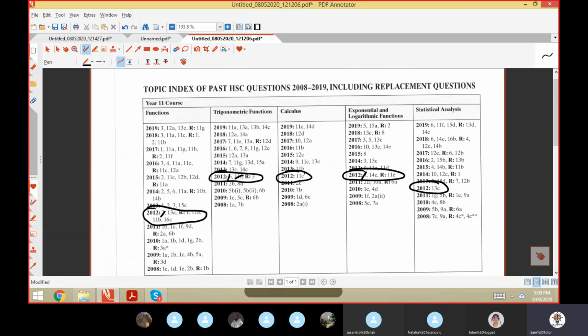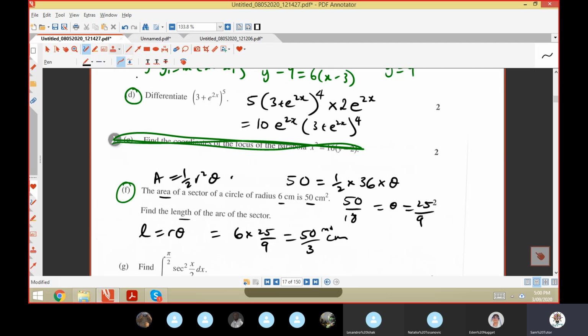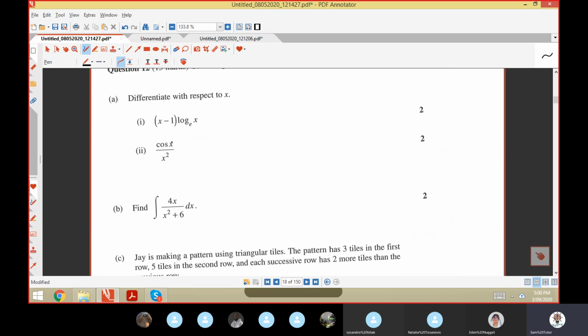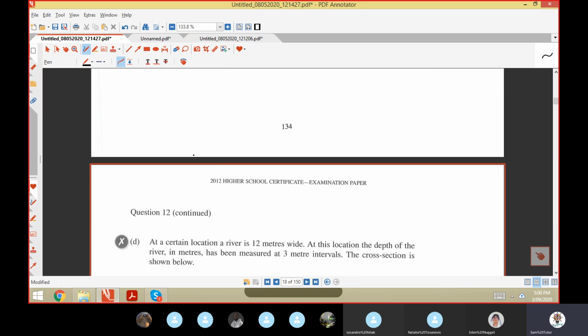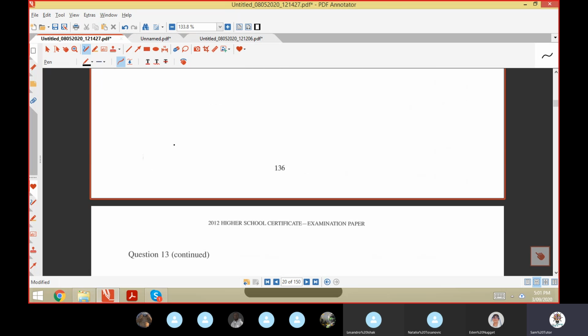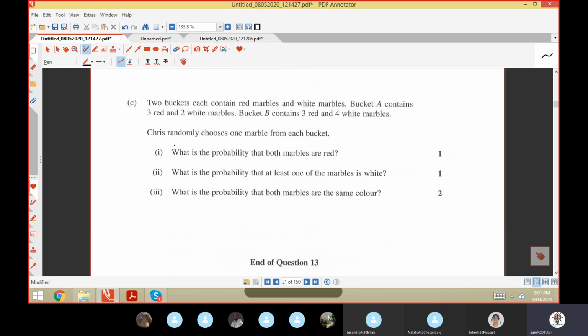11F, I think we just did. 11C, we just did. We're up to 13A and 13C.